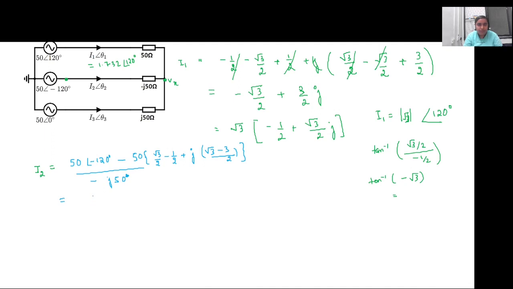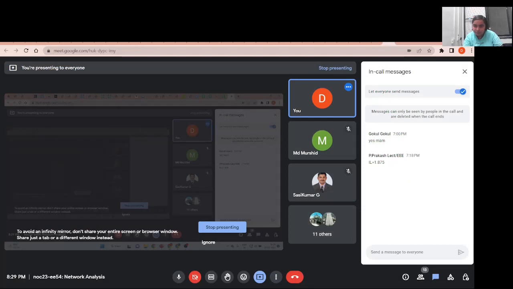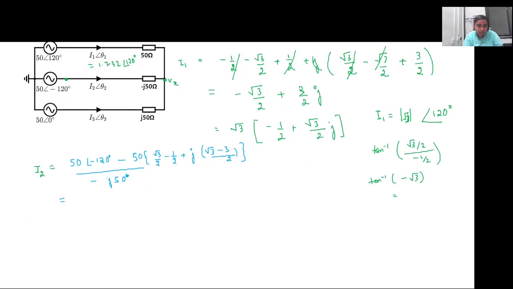So you guys are solving, right? Again, you can get rid of the 50 from numerator and denominator.